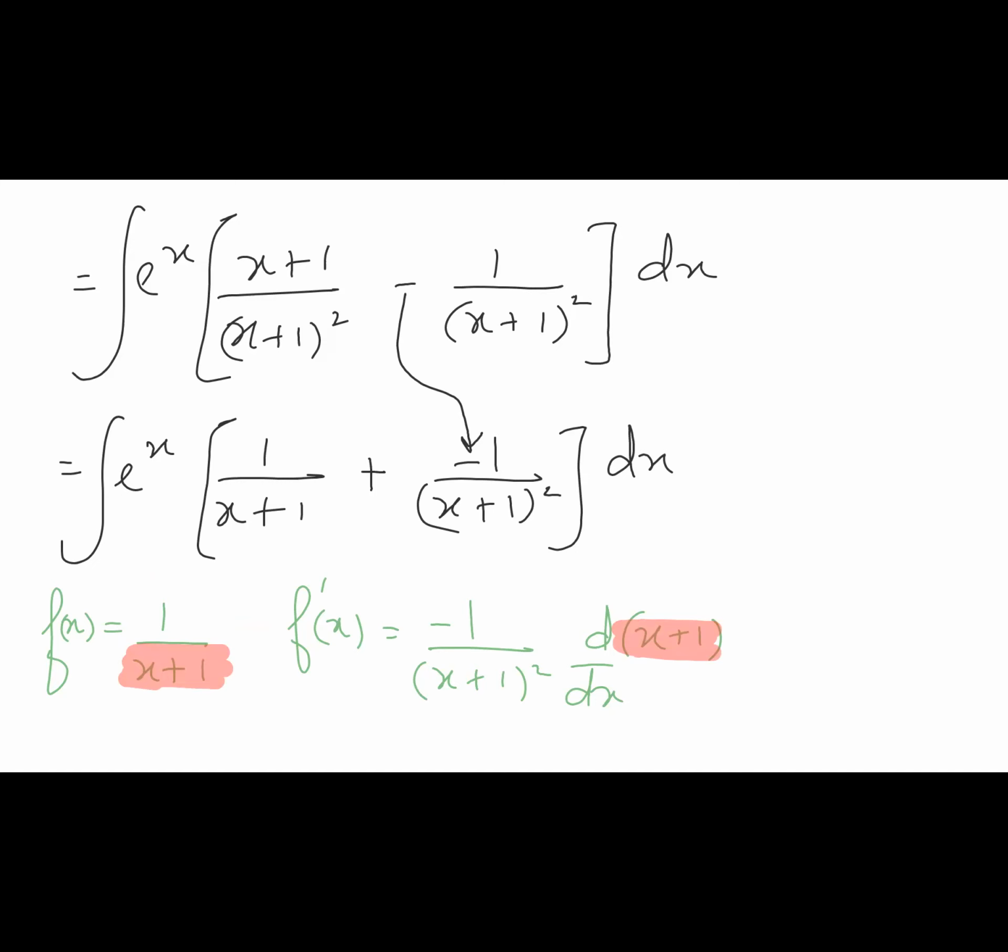So the derivative of this will finally be minus 1 upon x plus 1 the whole square, because the derivative of x plus 1 becomes 1.